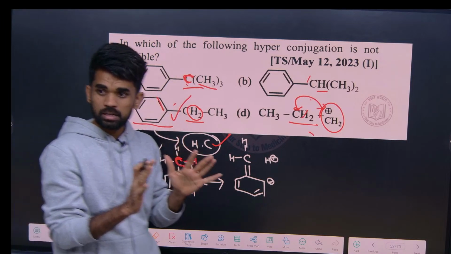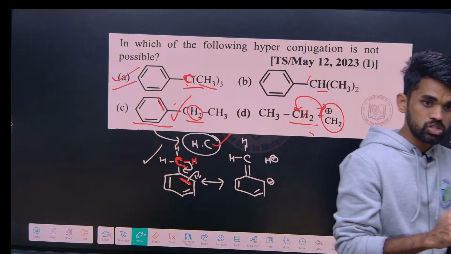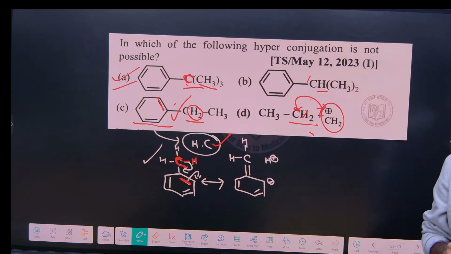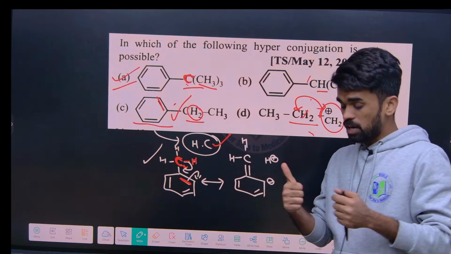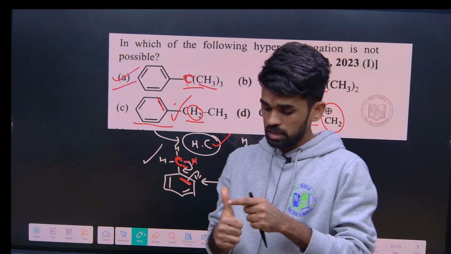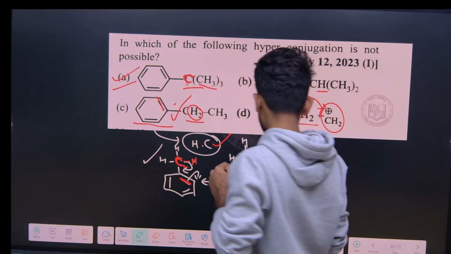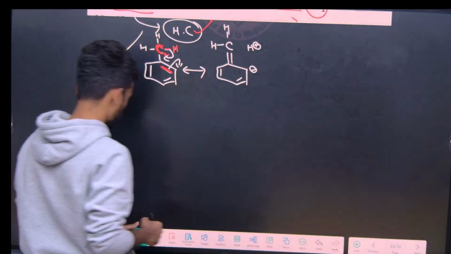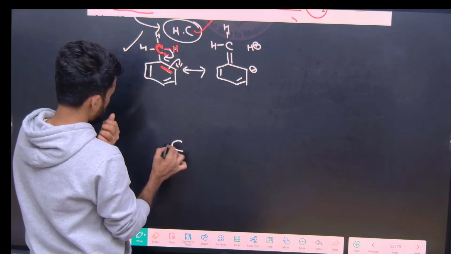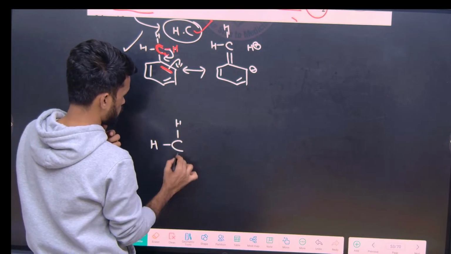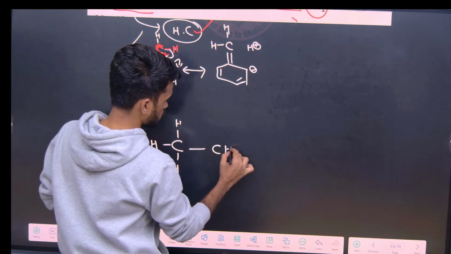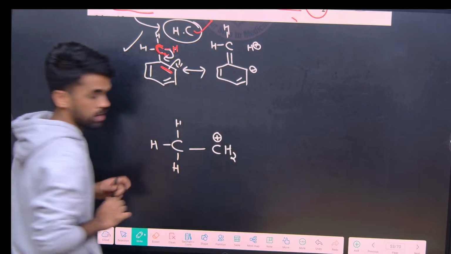Hope you got complete clarity on hyperconjugation applications. What are the 3 applications? Important applications are the stability of carbocation, carbanion, and free radical. And one more thing, bond length, they will also ask. Whenever conjugation is taking place, like this we have.